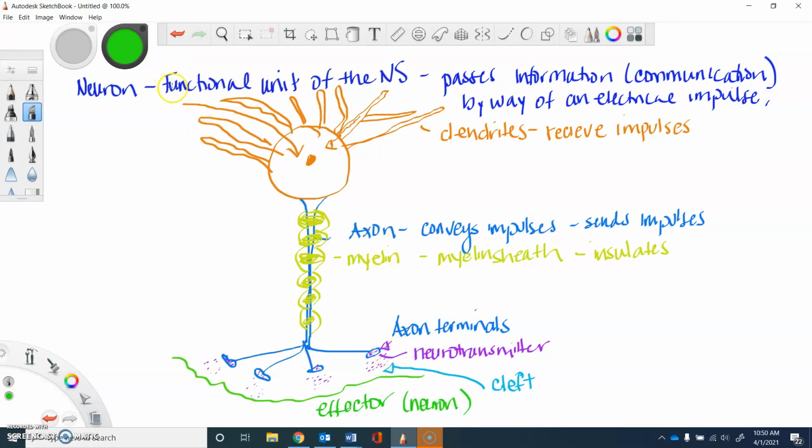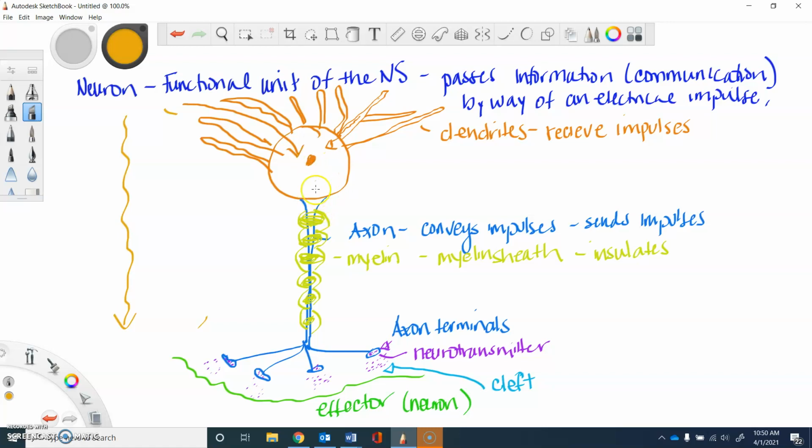And again, the information is traveling in this direction, right? Information comes in that side and comes out down here, or is conveyed down there. Okay, I think that's about all we need to know at the moment.